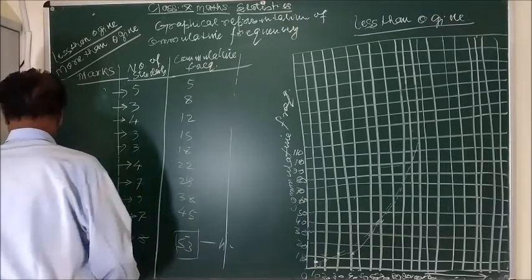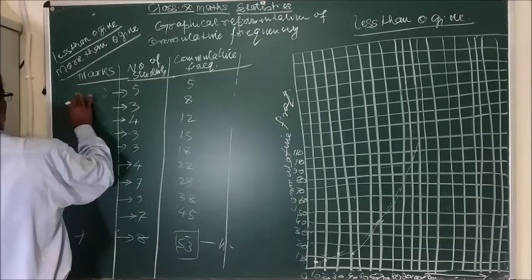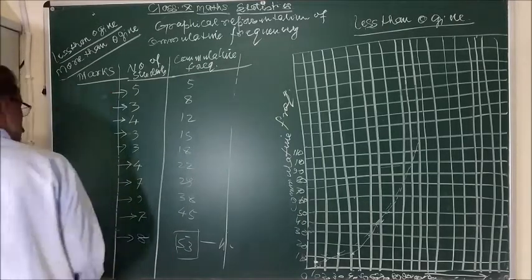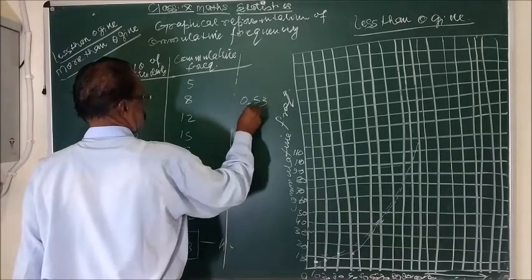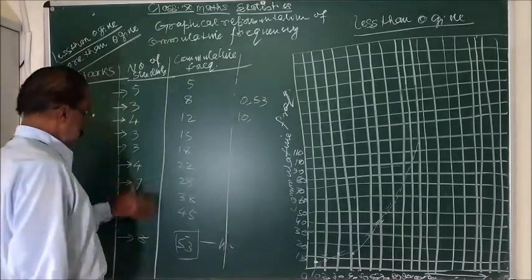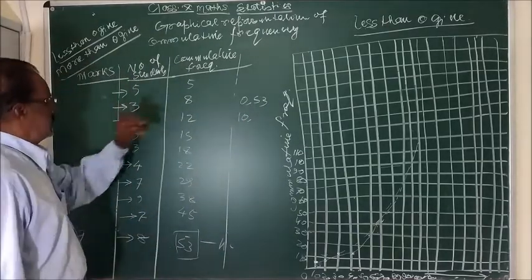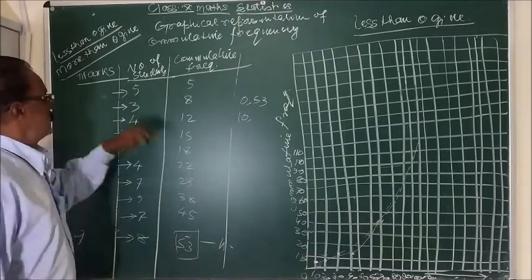So if you convert like this, more than type: more than 0, more than 10, like this.